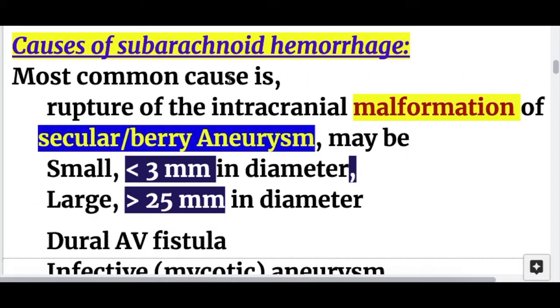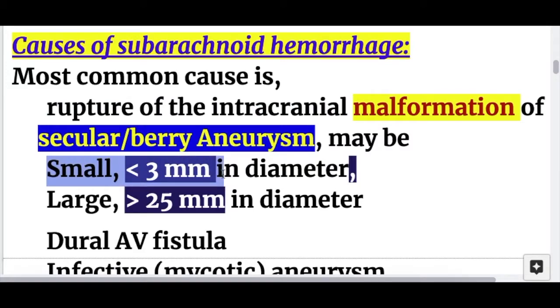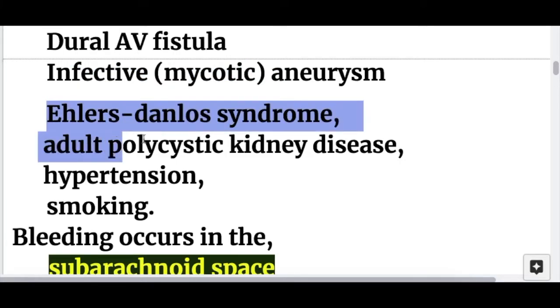Causes of subarachnoid hemorrhage. The most common cause of subarachnoid hemorrhage is rupture of an intracranial malformation of saccular or Berry's aneurysm. It may be small, less than 3 mm, or large, more than 25 mm in diameter. Other causes are dural AV fistula, infective or mycotic aneurysm, Ehlers-Danlos syndrome, and adult polycystic kidney disease.